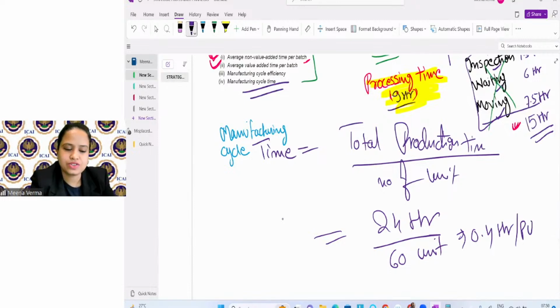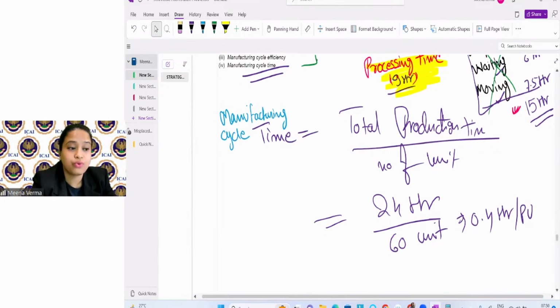This will be the manufacturing cycle time. That means for the production of one unit, you are taking 0.4 hours. All right, this will be the answer. I hope it is clear. We have calculated everything here. Now, if you have any doubt, please ask in the comments. Otherwise, we will take more questions to solve.